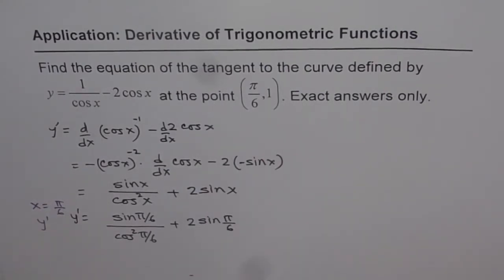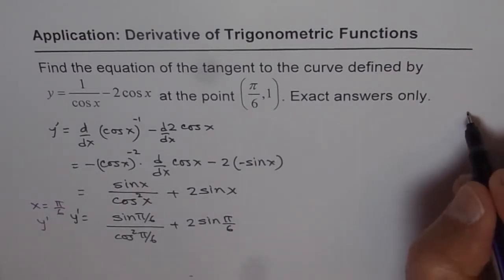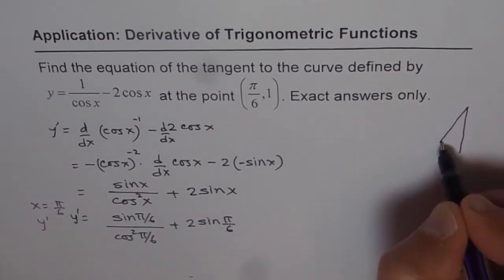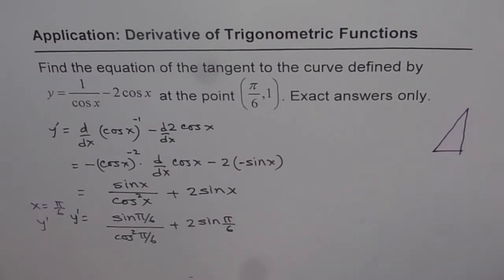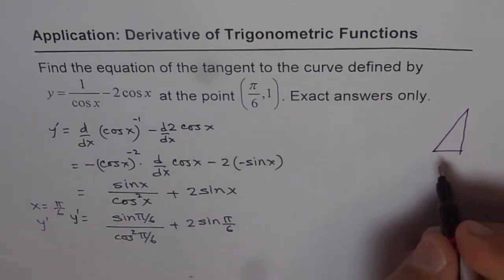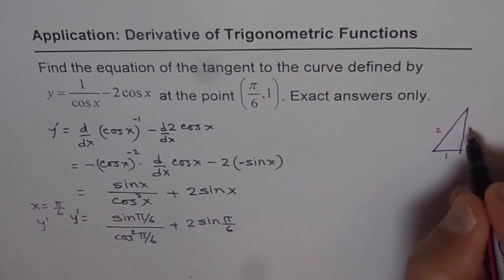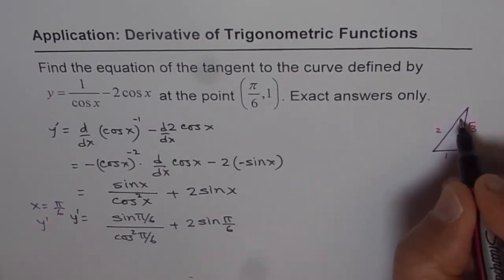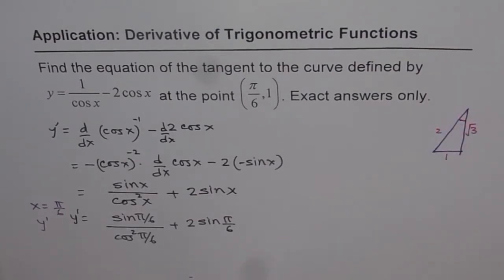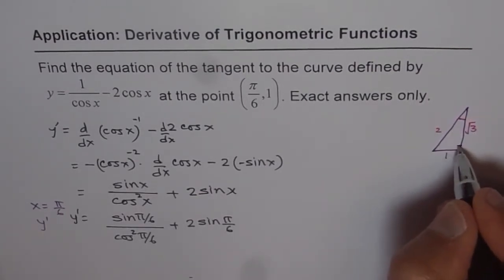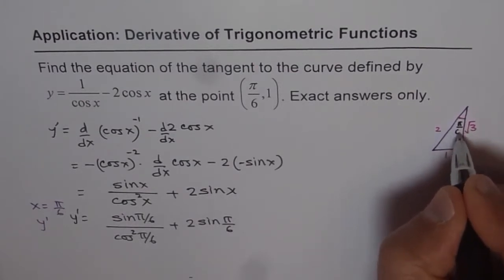To evaluate this, it is a good idea to draw your 30-60-90 triangle. That is very handy at this stage. The sides are 1, 2 and square root of 3. Pi by 6 is this angle for us, and this is 90 degrees.